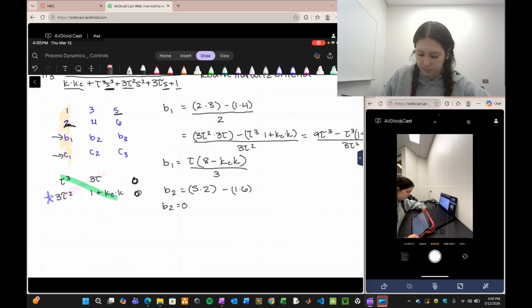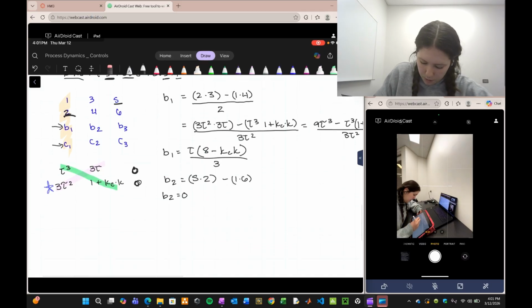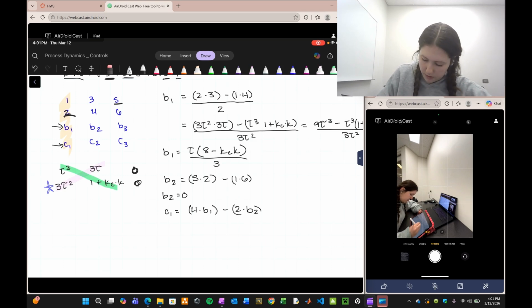Our B2 equals 0. So now that we have that, we can solve for C1, which is the last value we'll need for our Routh-Hurwitz criteria. So our C1 is going to be 4 times B1 minus 2 times B2, but our B2 is 0, so that will go to 0, and then over B1.